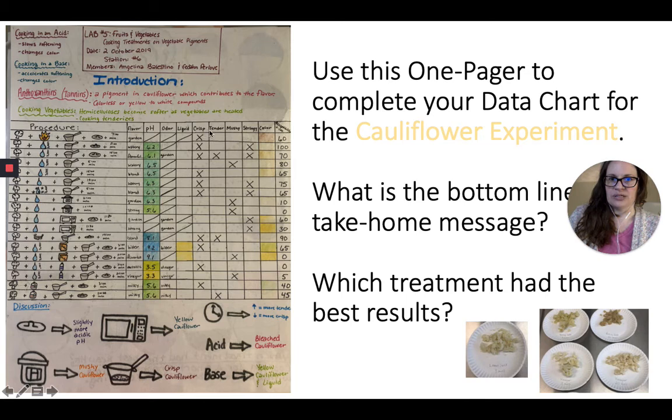Crisp was either yes or no, so an X means yes, it was crisp. Tender, yes or no, an X means yes, it was tender. An X means yes, it was mushy, and so on and so forth. They even had a standardized color that they put in there, so it looks like you would need to scale that. And then overall acceptability was 0 to 100.